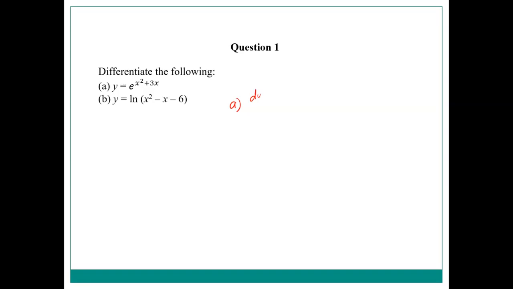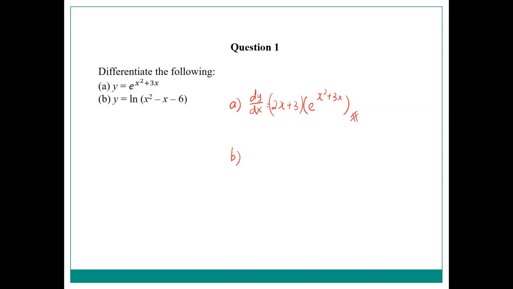First of all, I must write dy/dx. Differentiate x squared plus 3x, I get 2x plus 3, sorry, 2x plus 3. And then we multiply with e^(x squared plus 3x). So this is our final answer for question 1a.